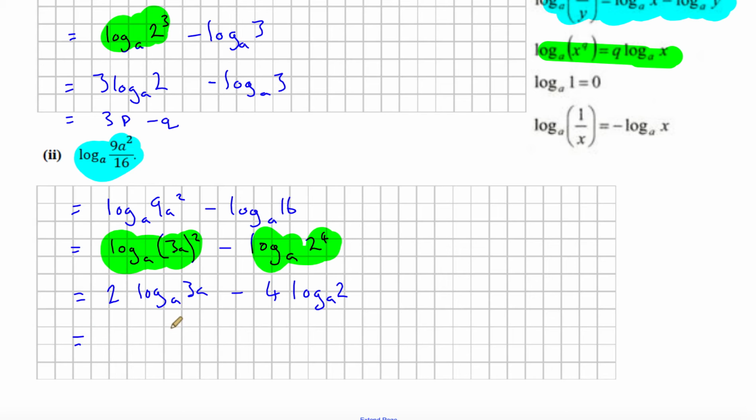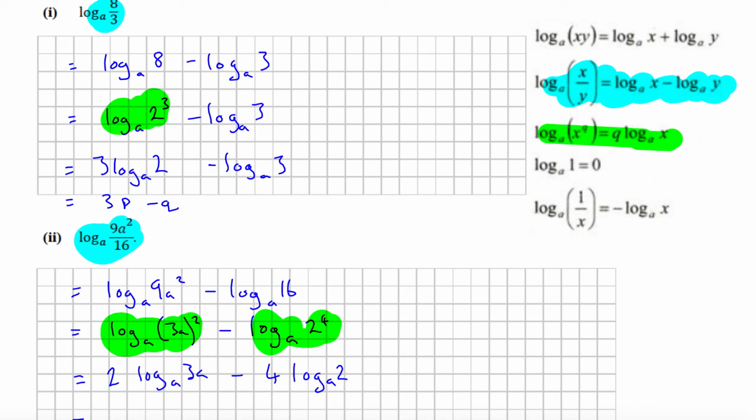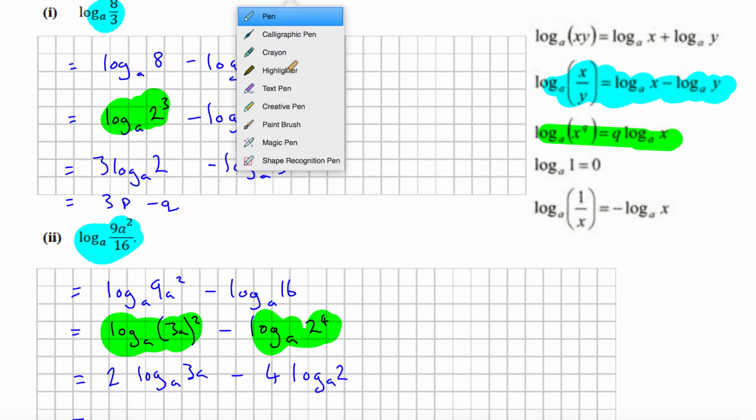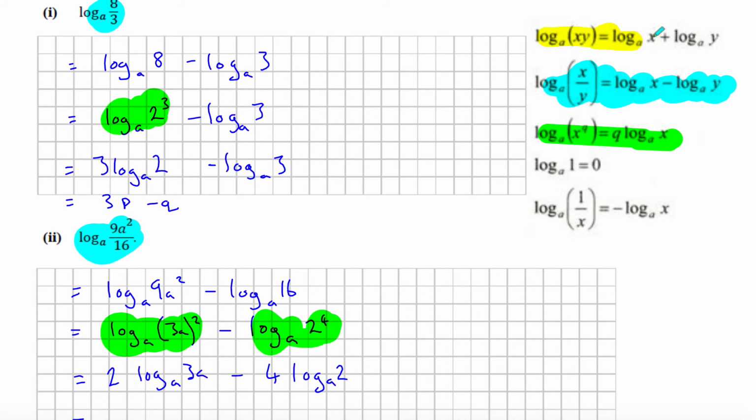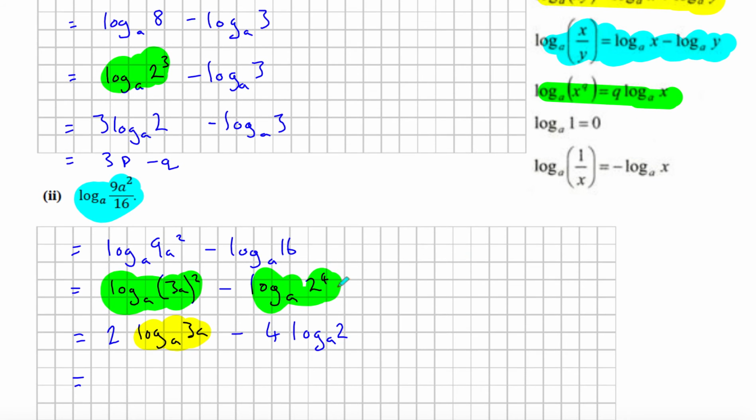Okay, so now if it's twice the log of 3a to the base a, I can now apply the first law of logs, which I'm going to show here. I can apply that to this part here. So the log of xy to the base a is equal to the log of x to the base a plus the log of y to the base a. So the product of two things. Here I've got 3 by a, so I'm going to split them.